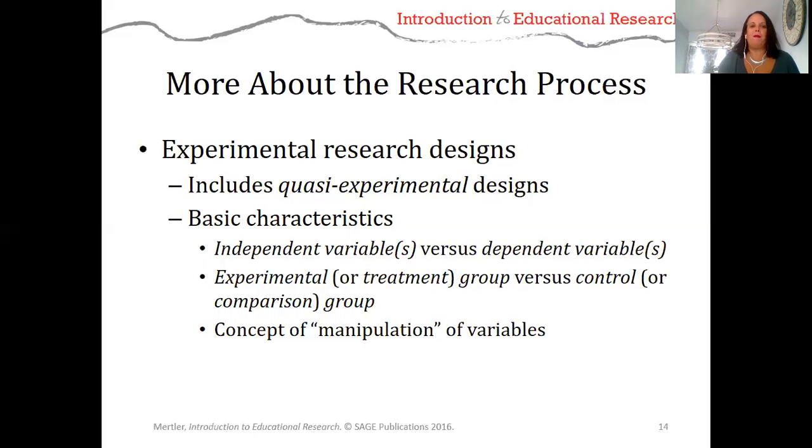So quasi-experimental can be done in education more so than a true experimental design, although it still doesn't happen all that often in higher ed. And we'll have a good discussion question about why that's the case when we get into class. And it's because you're putting people in a treatment group or a control group.